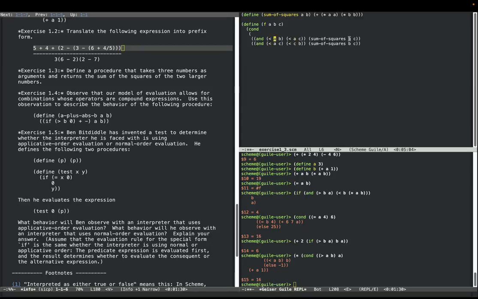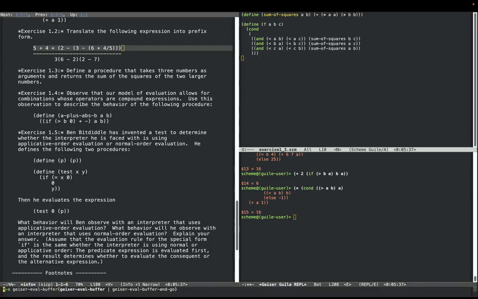And then we exclude A. No, wait. If B is smaller than A and B is smaller than C, then B is the smallest, so we need to do A and C. And then if C is smaller than A and C is smaller than B, then we do AB. Like that. I think that might be okay. Let's try that.